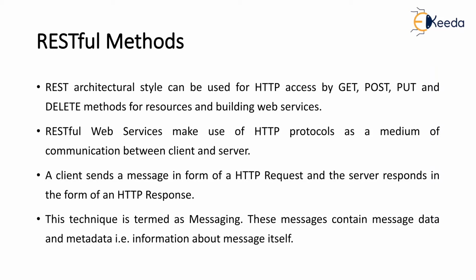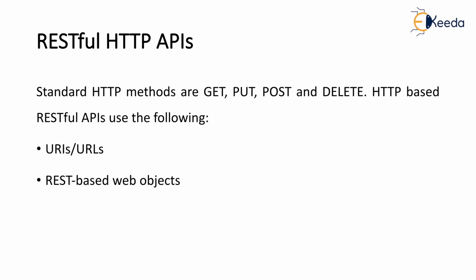This technique is termed messaging. These messages contain the message data and metadata, that is, information about the message itself. Now RESTful HTTP APIs. The standard HTTP methods are get, put, post and delete.